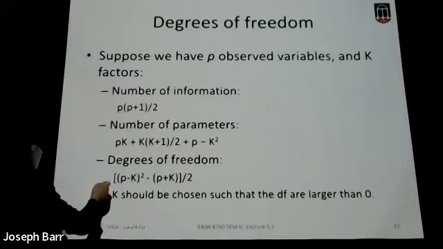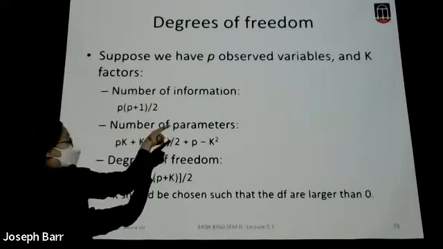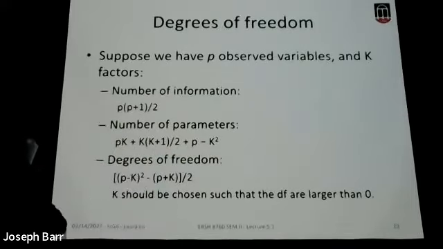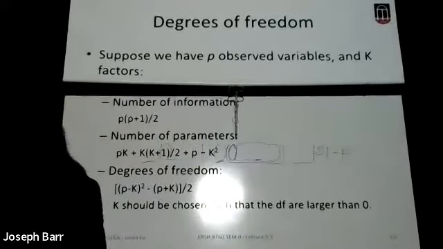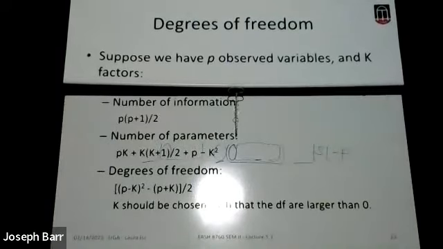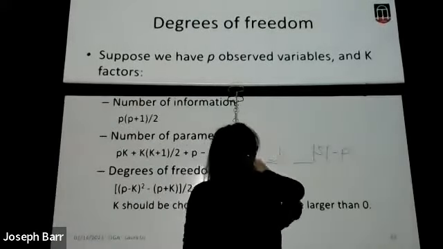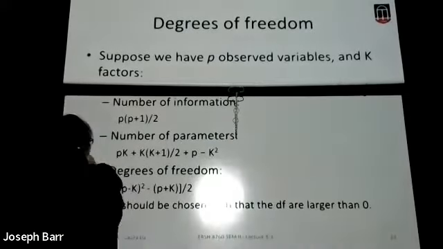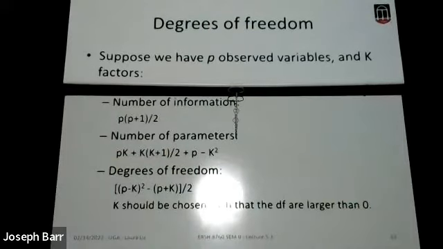And then, for a factor model, how are we going to decide the number of parameters? This is the number of parameters. Why do we have this number? So think about the parameters of the factor model.